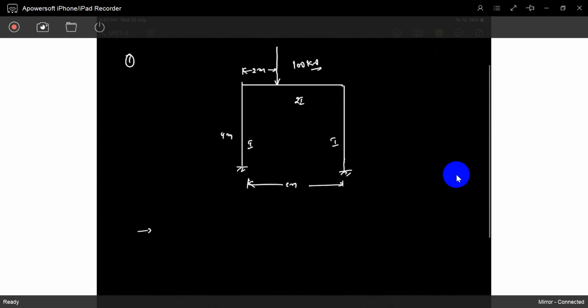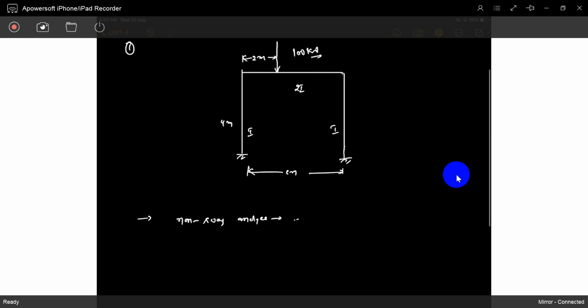First we have to do the non-sway analysis and find out the moments. Later we can calculate how much sway is in the frame. How do you find how much sway?